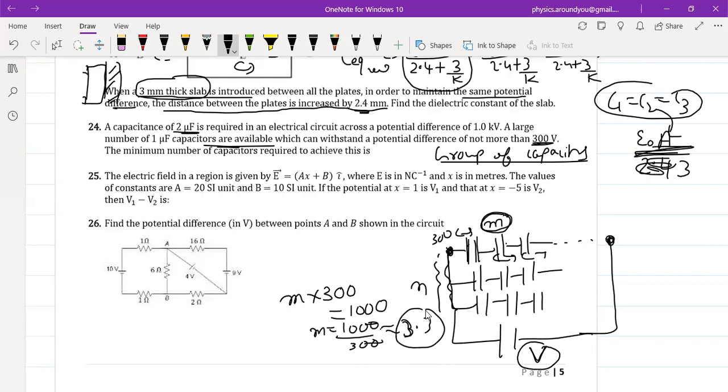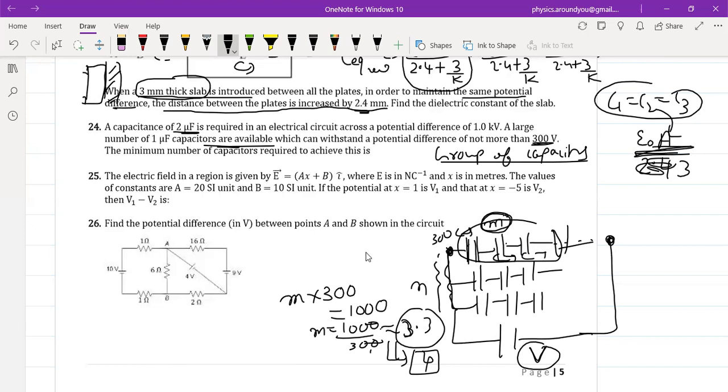3.3 can't be the number, it's not a whole number. So I will have to assume 4. You may ask, why not 3? Because 3 is nearer than 4. Well, the greater the number of capacitors in the branch, the more voltage you can tolerate.